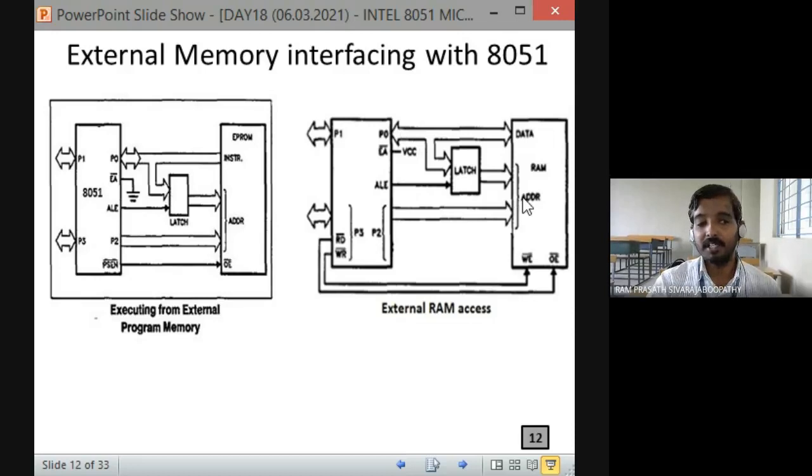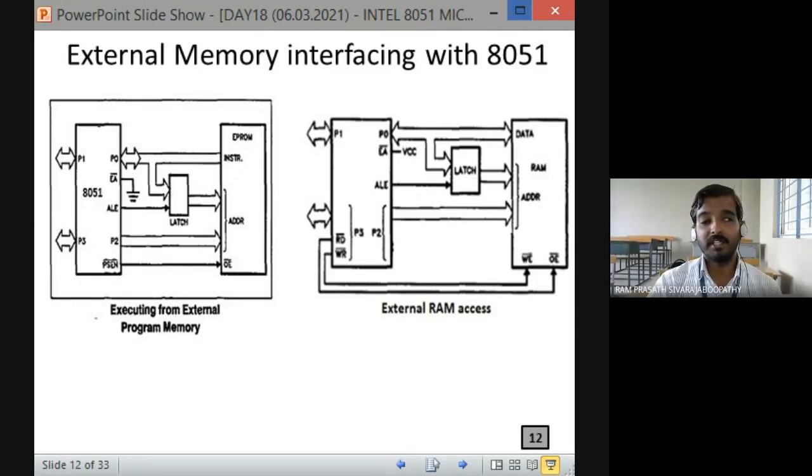To read the RAM memory, which signal do we need? To read the content from RAM memory, which signal do we have to use? To read program memory we said PSEN bar, correct? If it is program memory, we use the PSEN bar signal to read the external program memory.